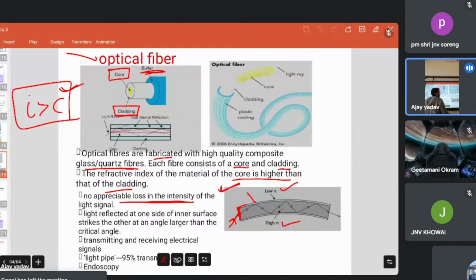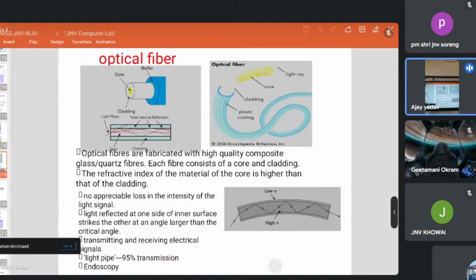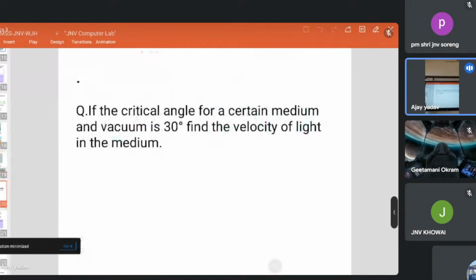At this surface of core and cladding, TIR occurs, and light will again reflect into the same medium, because here the angle of incidence is greater than the critical angle. Similarly, again here TIR occurs and the signal will pass through to the opposite end. So this is the application of TIR. It is used in transmitting and receiving signals. Okay, so this is the question on TIR.